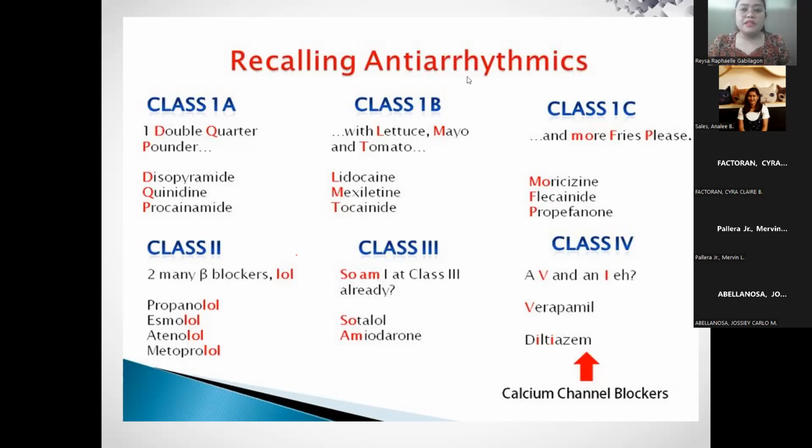So remember when we discussed the calcium channel blockers used for heart failure and at the same time hypertension, we discussed there that our dihydropyridines, those that end with dipine like amlodipine, are selective on the calcium channels in the blood vessels. So definitely they are more used for conditions sa arteries or sa veins, sa blood vessels, so more on the hypertension side.